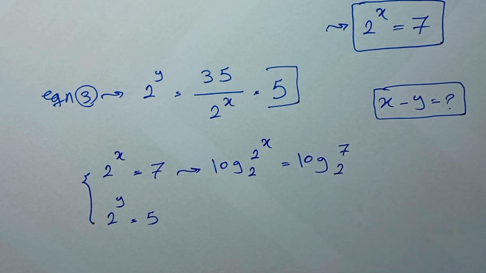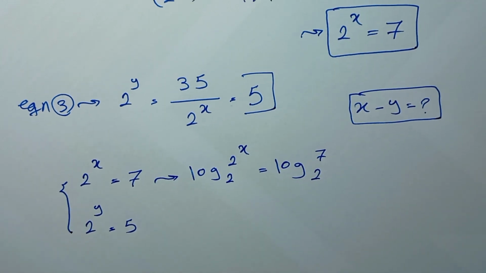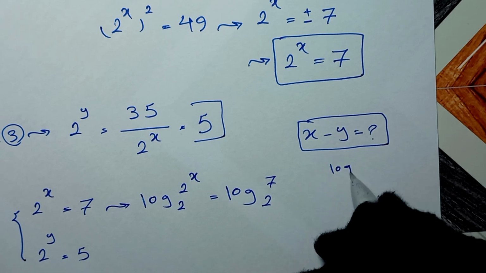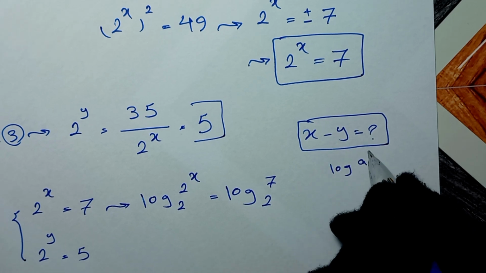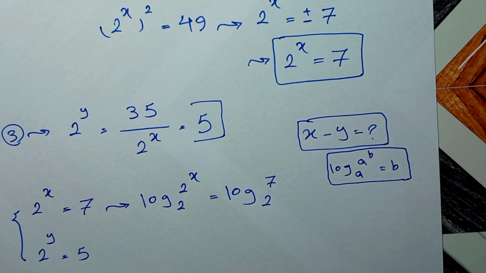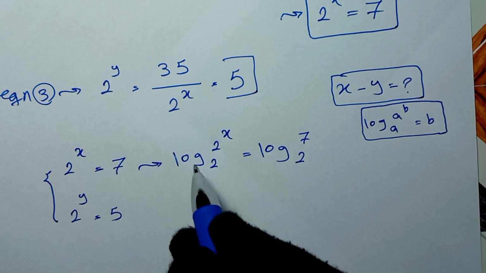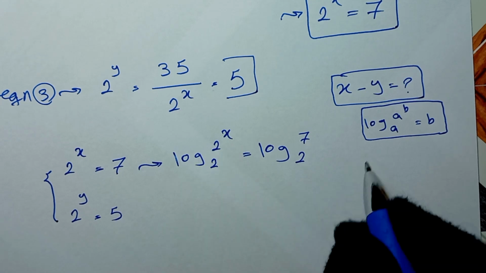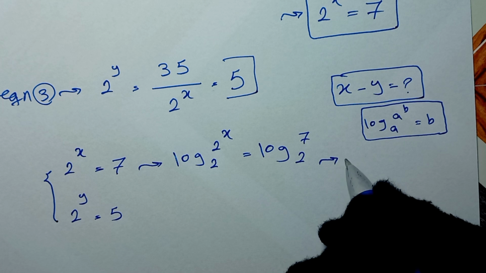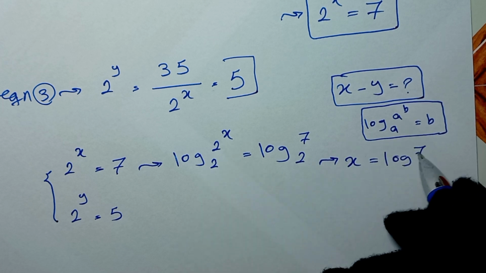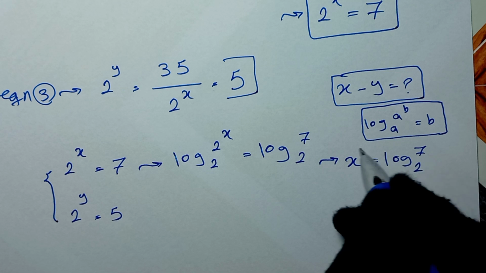From log rules, if we have log base a of a^b, this is equal to b. So, log base 2 of 2^x is equal to x. So, x is equal to log base 2 of 7.